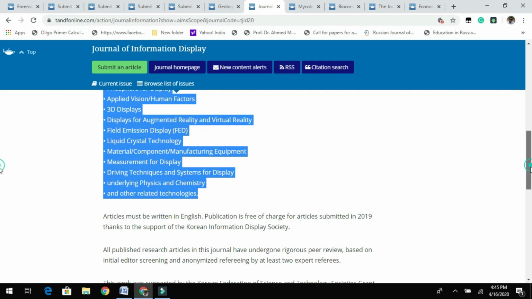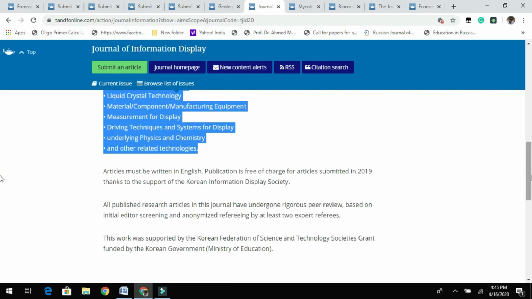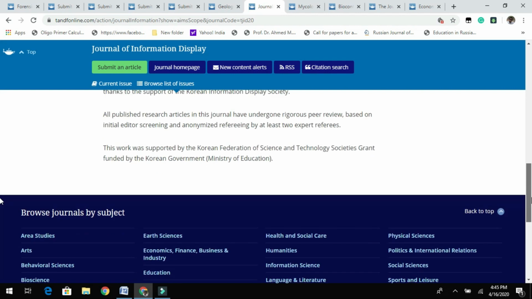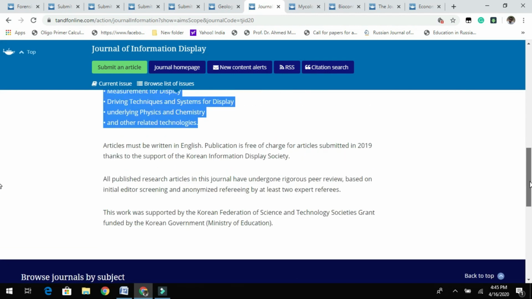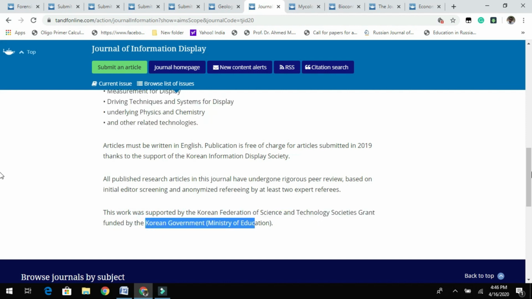If you are working on this theme, then you can submit your research article. So this journal is supported by Korean Federation of Science and Technology Society grants funded by Korean government.